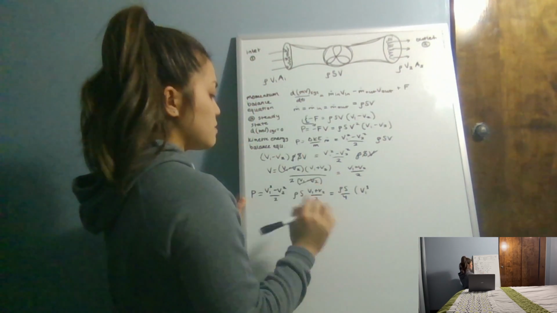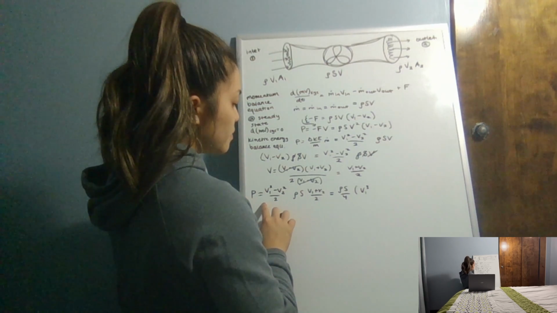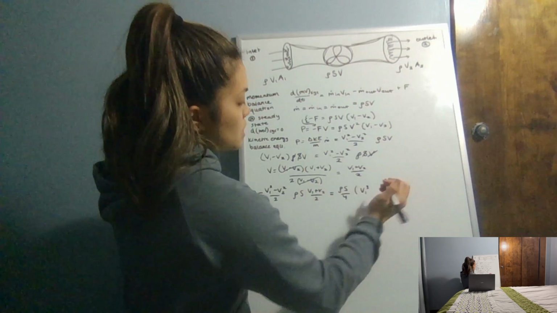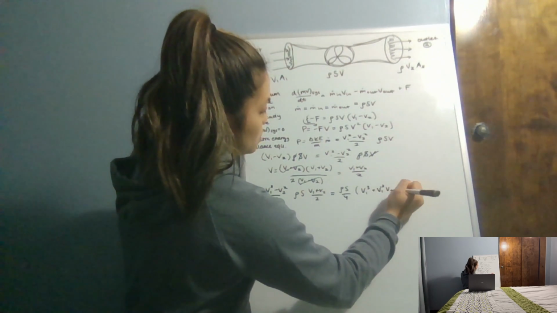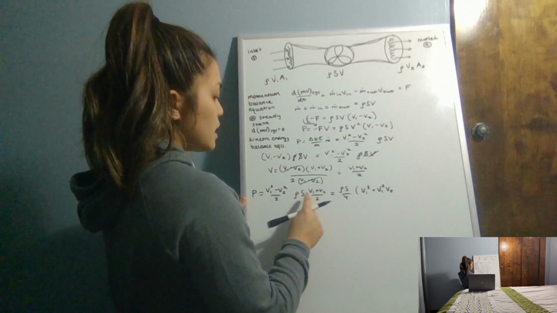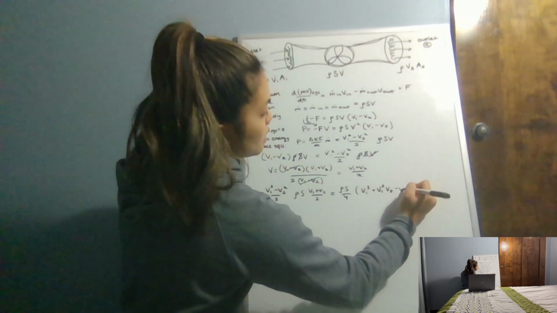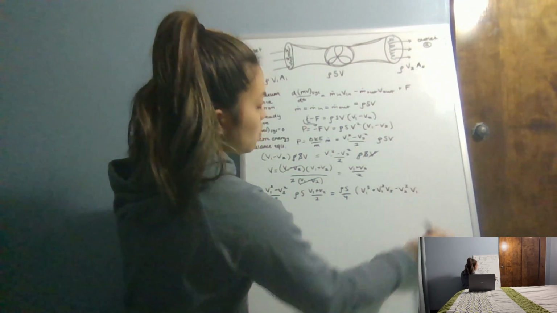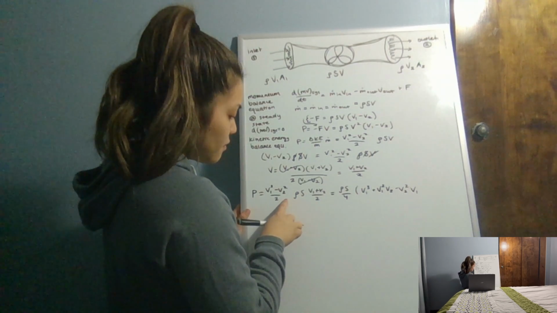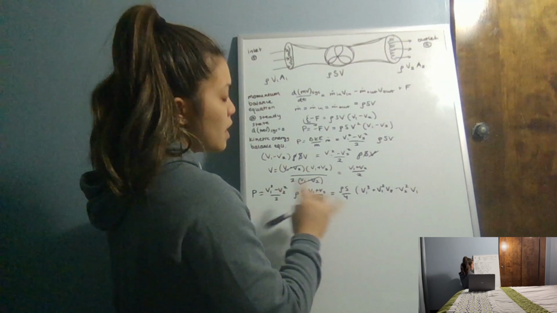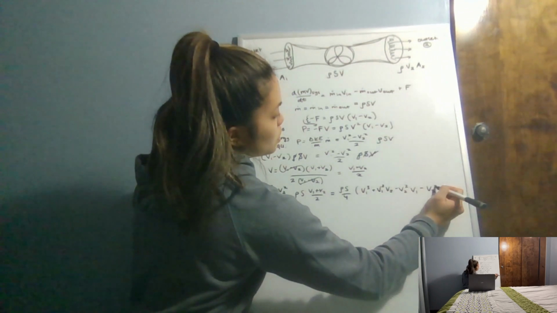And then we have velocity 1 squared times velocity 2, so we'll have v1 squared v2, and then we have the negative times a positive, so we'll have minus velocity 2 squared times velocity 1, and then we'll have velocity 2 squared times velocity 2, again a negative times a positive, so that would leave us with a negative, so we'll have minus velocity 2 cubed.